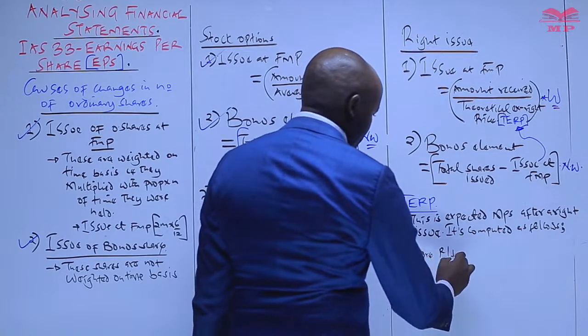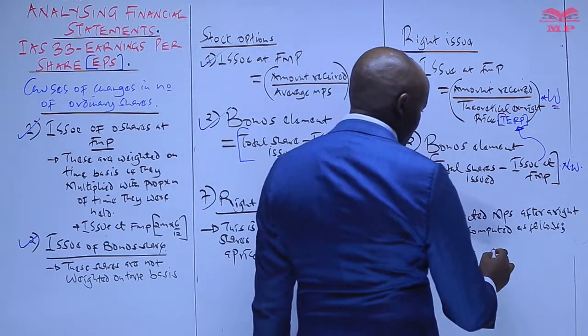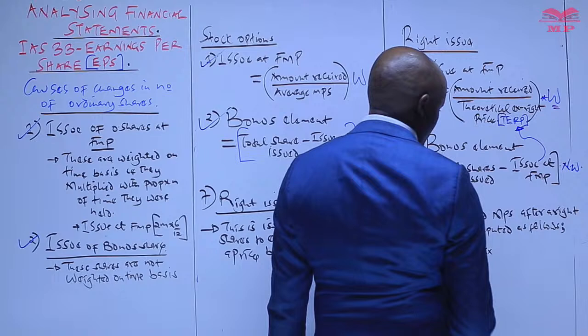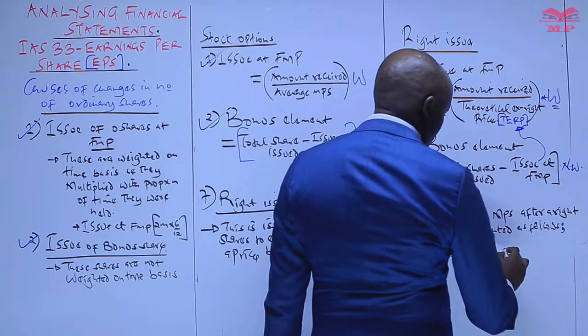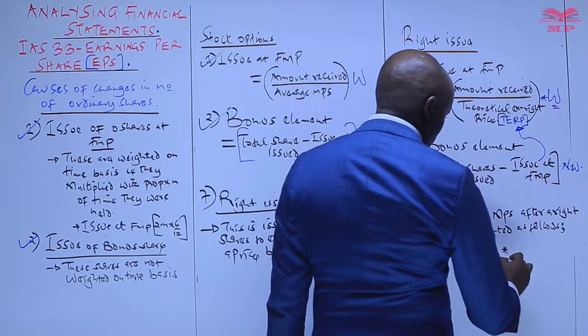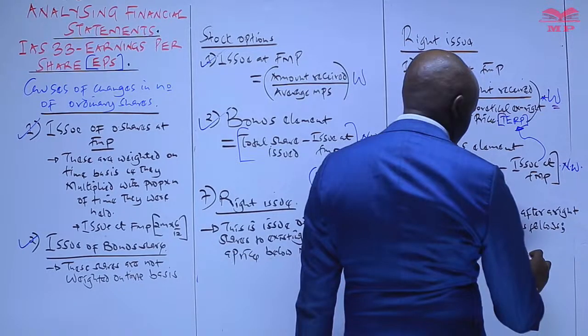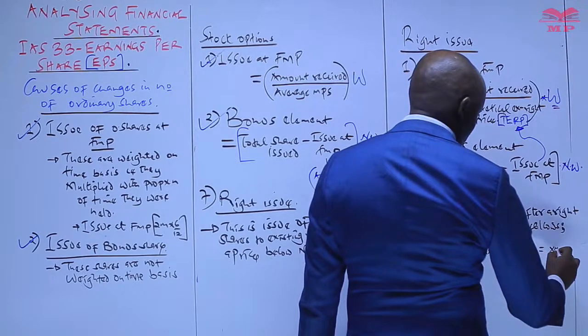Take into account the shares which were held, and then you multiply those shares with the market price per share before the rights issue.